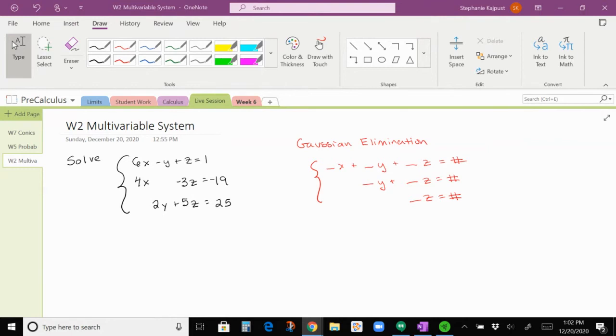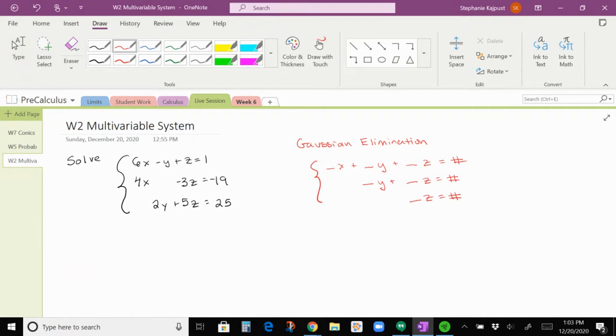And that final step allows you to solve for Z. And then you can plug that in to solve for Y. And then you can plug that in to solve for X. So this is the basic form.